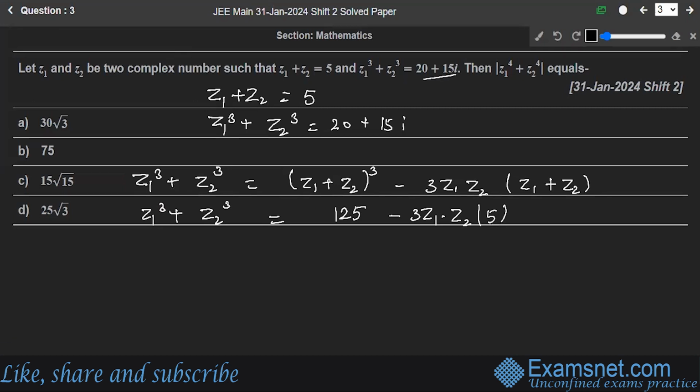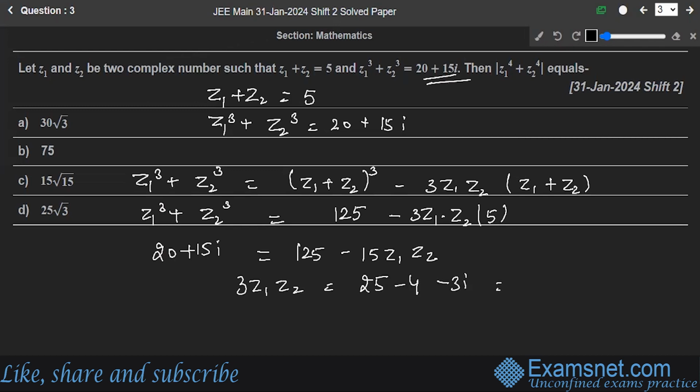Anyways, this is given to you as 20 plus 15 iota. This is equal to 125 minus 15 Z1 Z2. So dividing both sides by 5, you will get 3 Z1 Z2 is equal to 25 minus 4 minus 3 iota, which is 21 minus 3 iota. So you have Z1 into Z2, the product of them, dividing both sides by 3, as 7 minus iota.